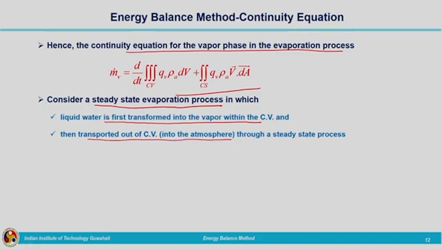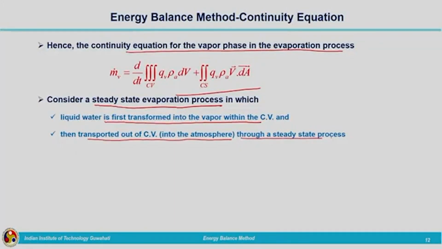So, this transport process is considered to be steady process. So, time rate of change of that particular property can be equated to 0, since with respect to time, we are assuming there is no change. So, it is a steady state process.